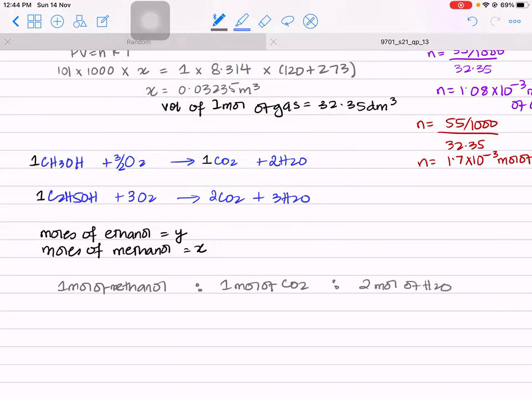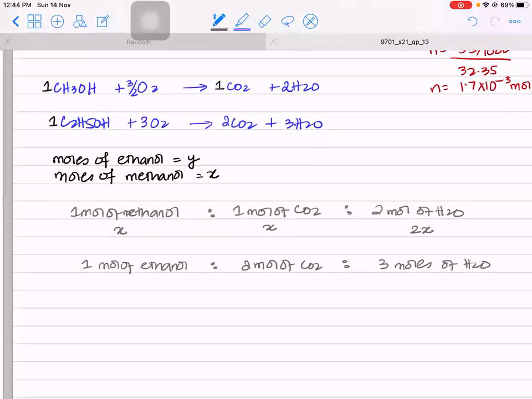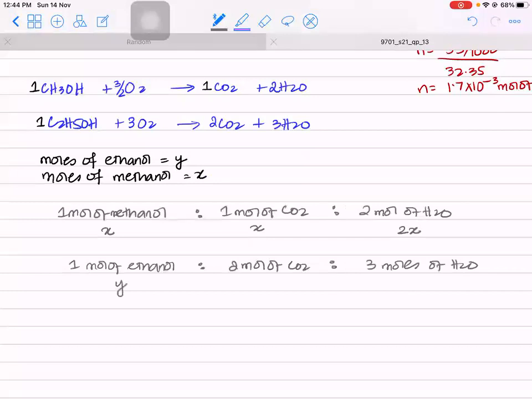Therefore x moles of methanol would give x moles of carbon dioxide and 2x moles of water. Likewise, 1 mole of ethanol gives 2 moles of carbon dioxide and 3 moles of water, and we've taken this value to be y. So y moles of ethanol would give 2y of carbon dioxide and 3y of water.